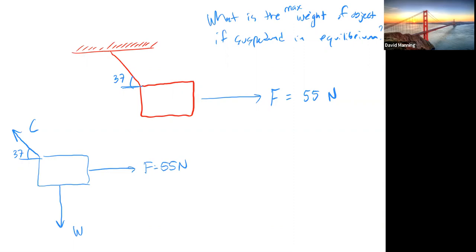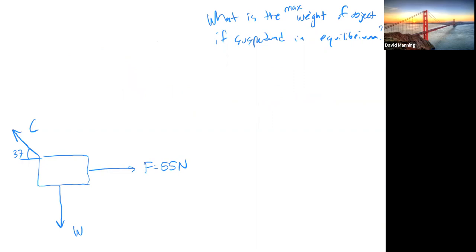To solve this problem, we use our two equations: the sum of the forces in the x equals 0, and the sum of the forces in the y equals 0.